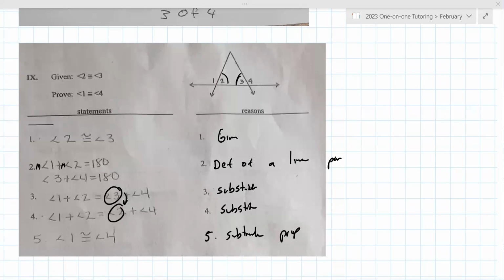It uses these angle measures, not congruence, but these are almost identical. I think they're exactly the same. Yeah, they are.